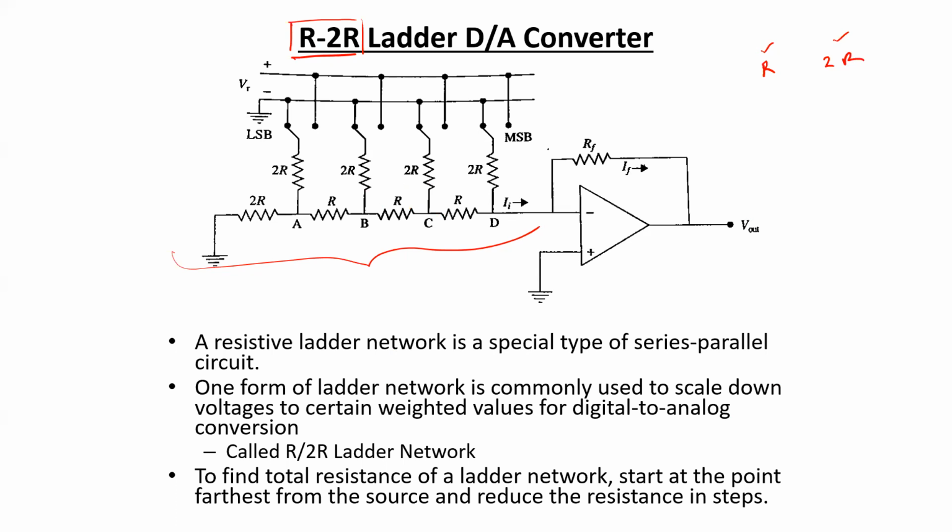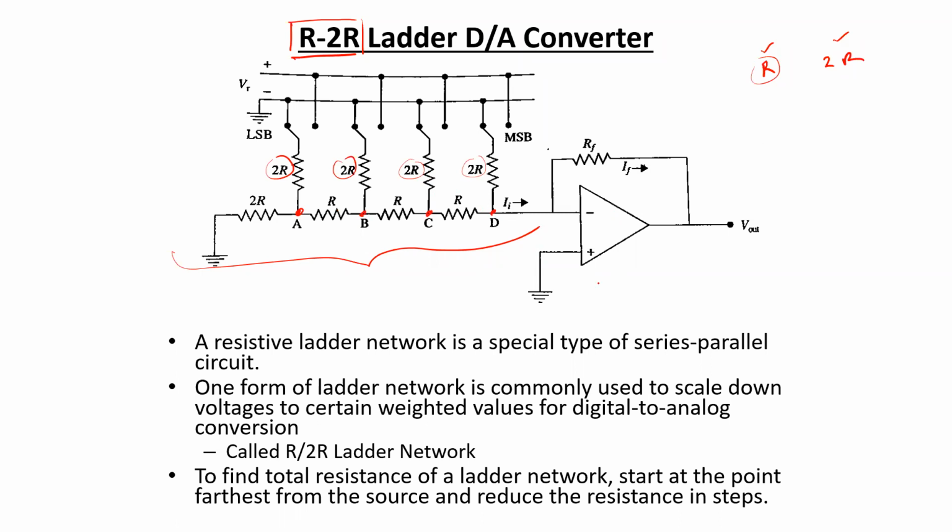In all these vertical branches shown in this diagram, these contain a resistance of twice R, and in between these branches or in between these nodes, there are resistances connected with a value of R.